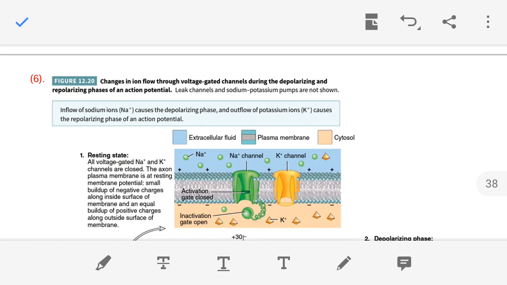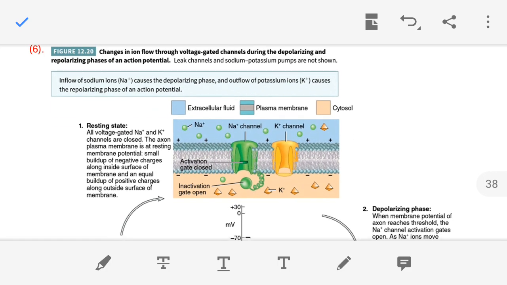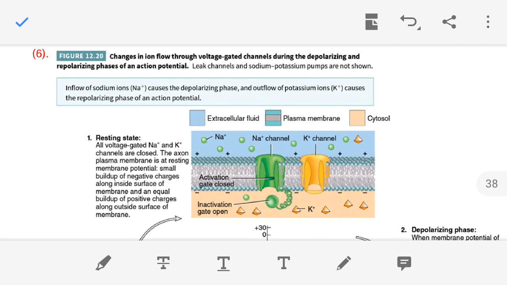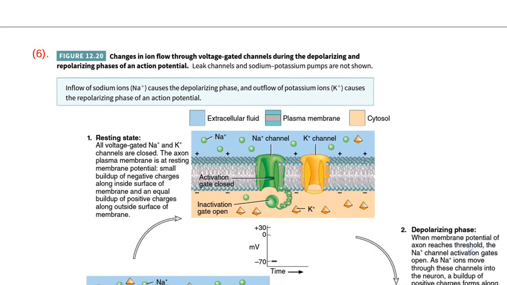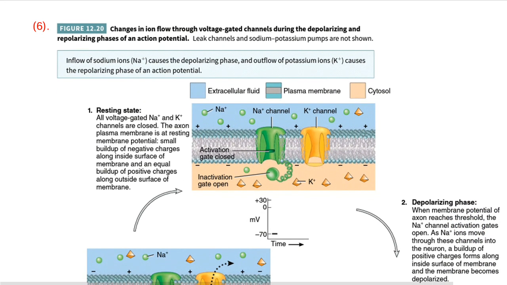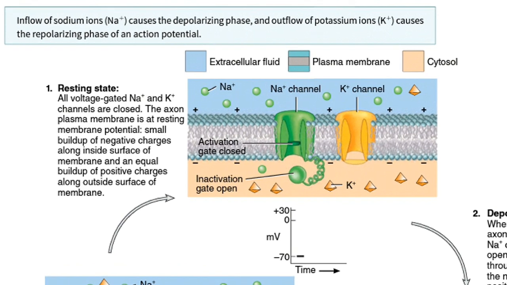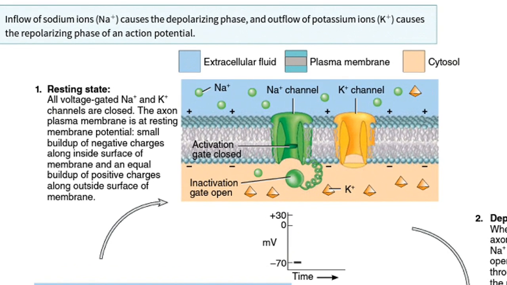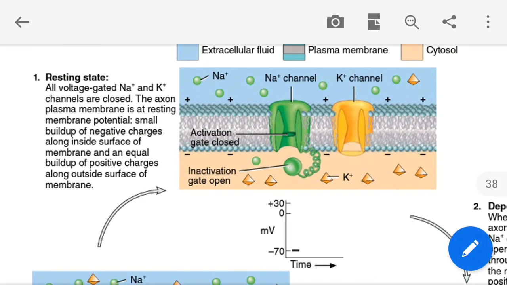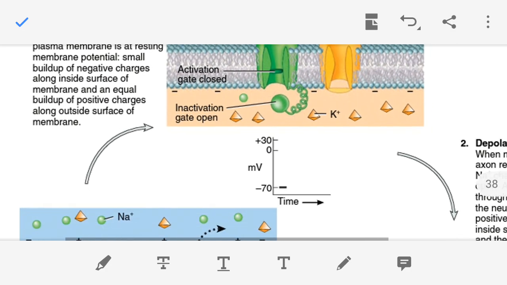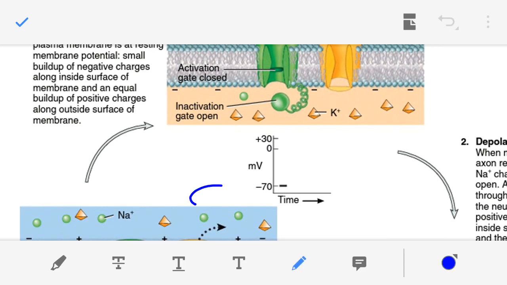Now first, I would like to show you this figure. This is the resting state of the neuron, and in the resting state you can see the resting membrane potential value is minus 70 mV.